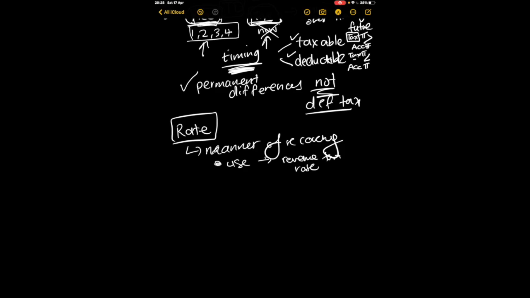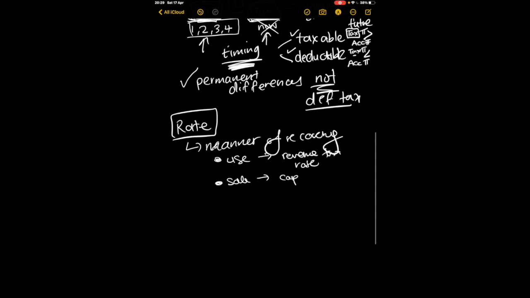If we have an asset that we expect to recover through sale, then we need to use a tax rate that reflects the consequences of sale, which could be either a capital gains tax rate or a revenue tax rate, and that just depends on the underlying asset. So we have to use a tax rate that reflects the manner of recovery.